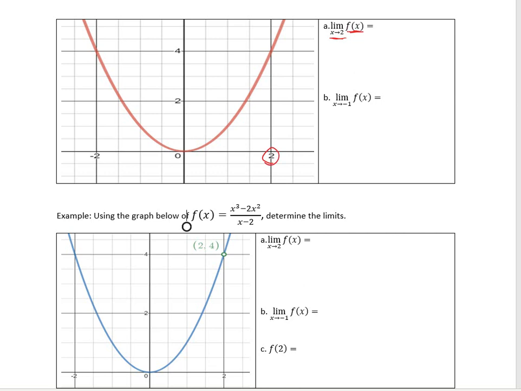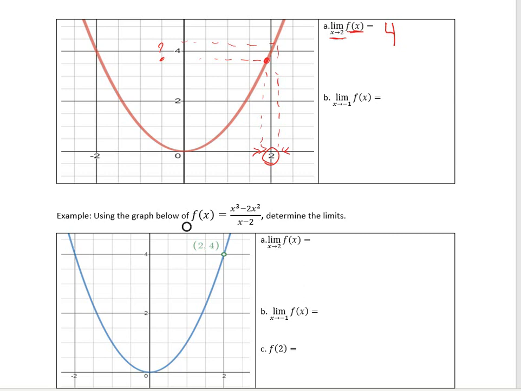As our x values get really close to 2, we look at the graph and see what our y values are getting closer to. It looks like our y values are getting close to 4. So we would say the limit, or the value that our function is approaching, as x gets really close to 2, is 4.